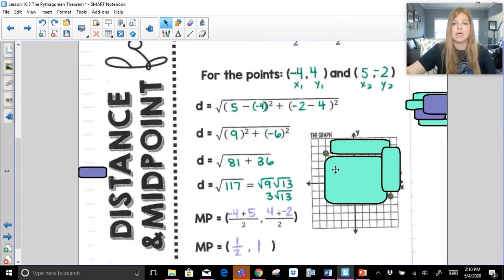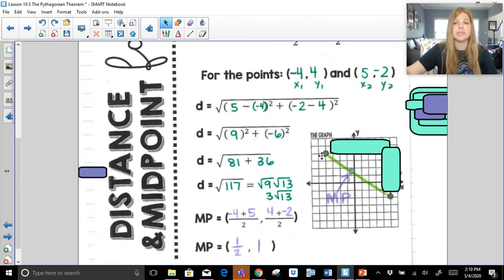Now, I want to show you, if I was to plot those 2 points on the coordinate plane, here's where (-4, 4) is. Here's where (5, -2) is.